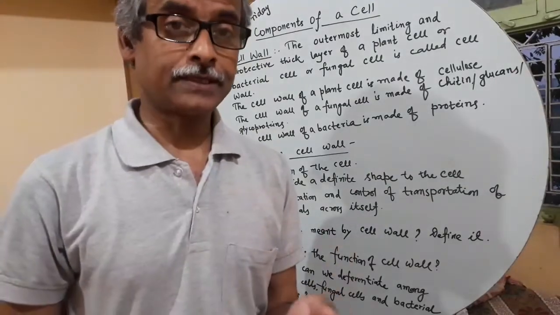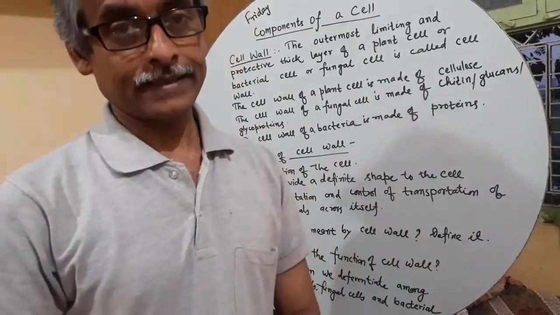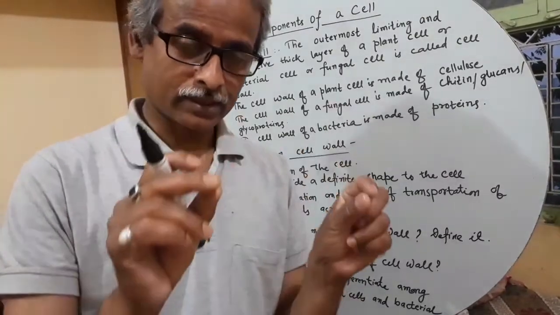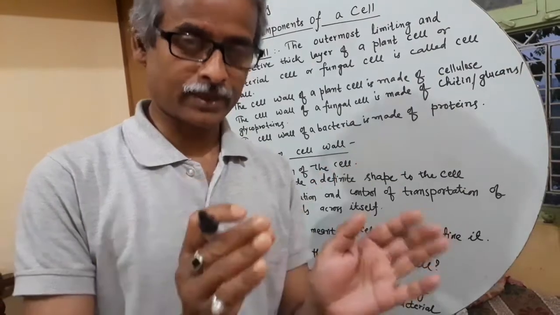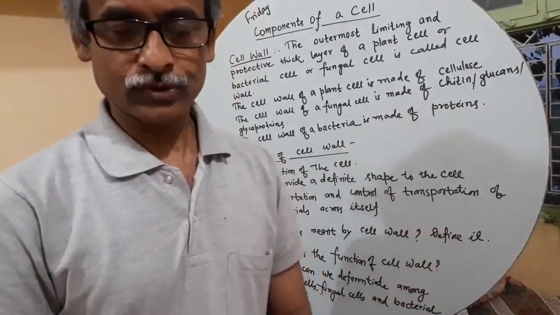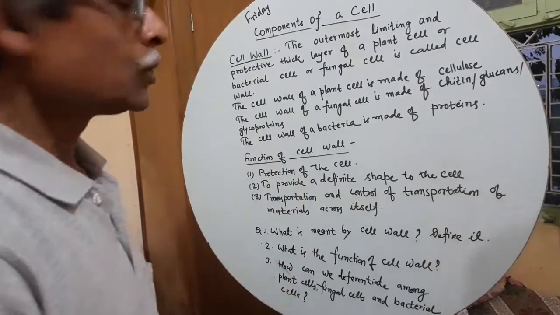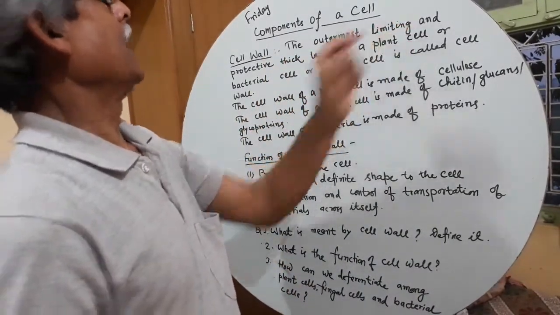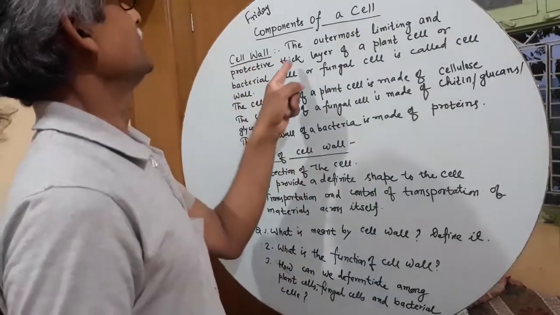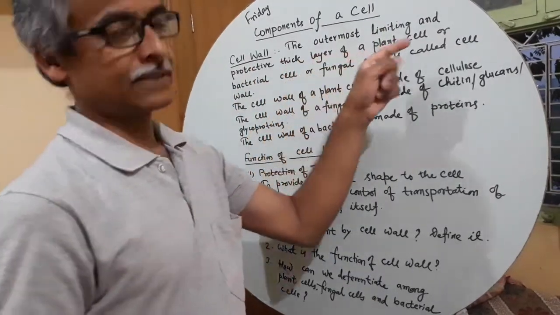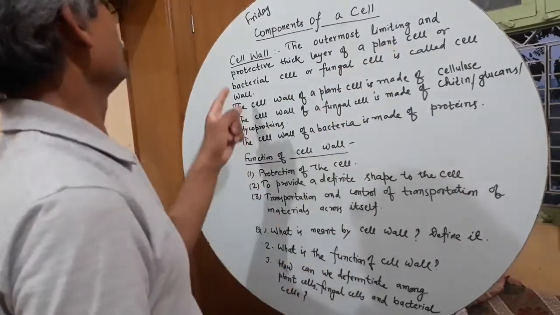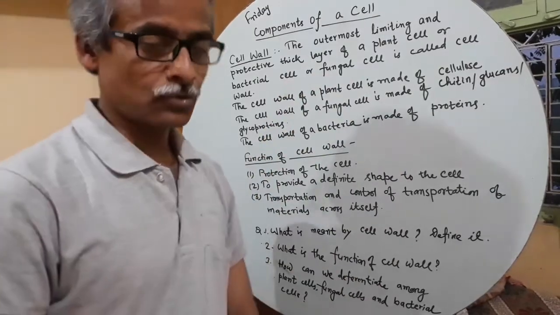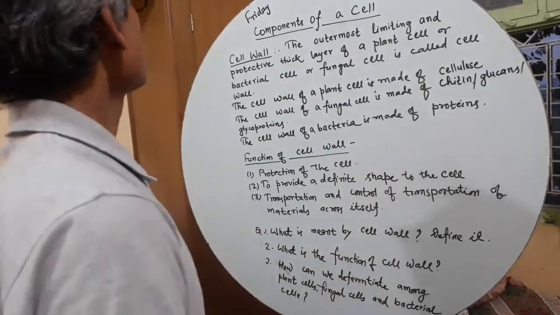If you study a fungal cell, then you will find the outer covering layer, that is also cell wall. So we can define the outermost limiting and protective thick layer of a plant cell or bacterial cell or fungal cell is called cell wall.